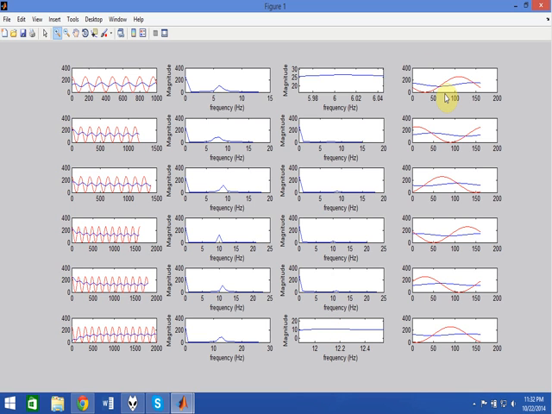The last column, the fourth column, is one cycle of the input, which is related to the signal that we send. This is basically getting the different phase angles.